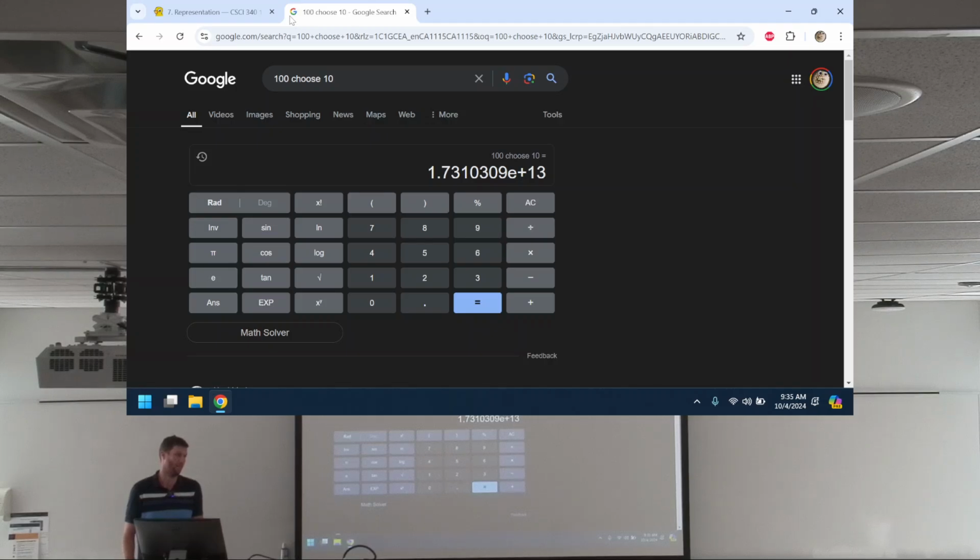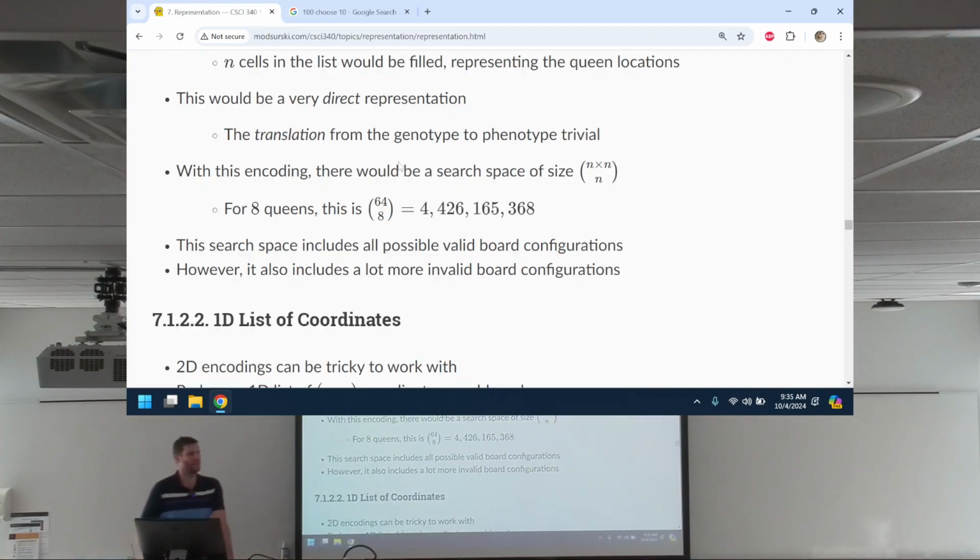Right, so for a 10 by 10, this grows fast, times 10 to the 13. So that's a lot of possible configurations. If it was unclear, for a 10 by 10 board, 10 times 10 is 100, and we choose 10, right? So that's a big number.